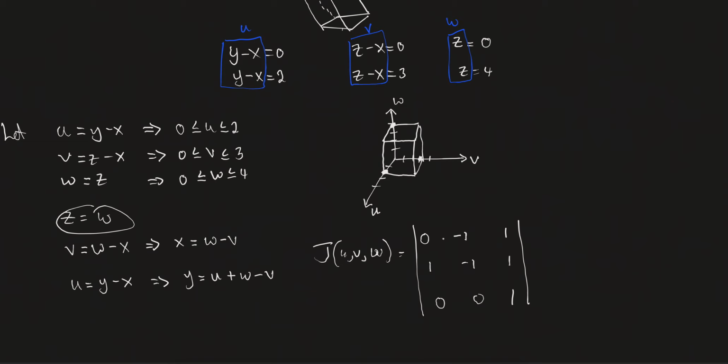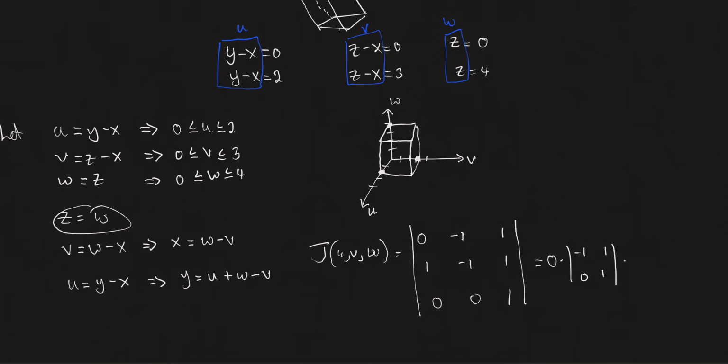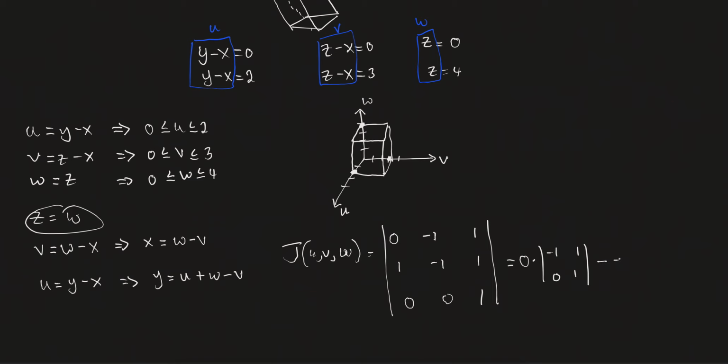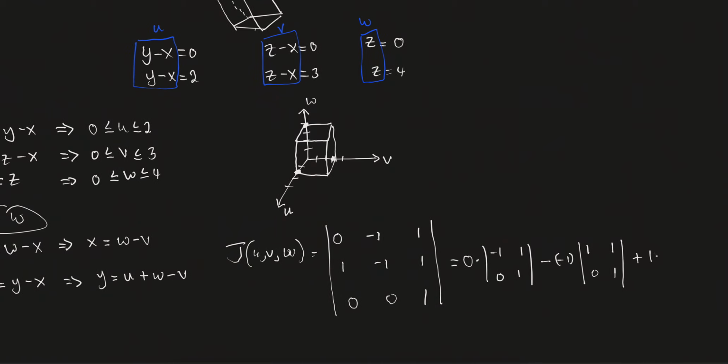And let's do our first row expansion. It's going to be 0 times, and then block out the first column and the first row, and we're left with this little 2x2 determinant. And then the middle term is going to be minus, and then we have -1. Take this term and block out the middle column and the first row, and we're left with 1, 1, 0, 1. And then the last term is +1 times, block out the first row, third column, and you'll have 1, -1, 0, 0.